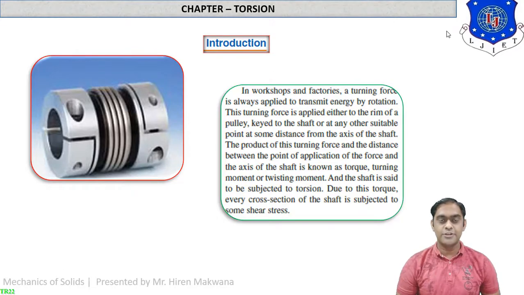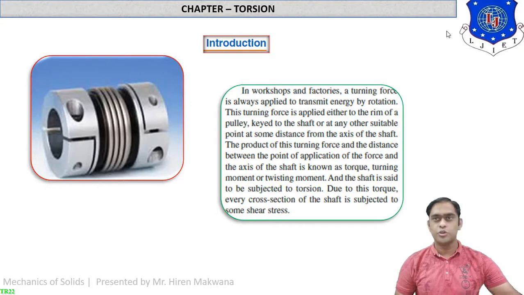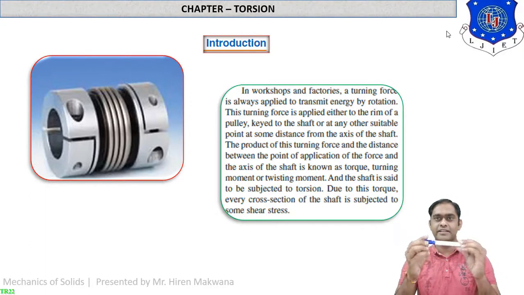Let us start a new chapter in this lecture, that is torsion. You must know about a variety of shafts fitted into the bearings. Let us show you some examples. Imagine that this is a shaft, and from both the ends it is fitted into the bearings.